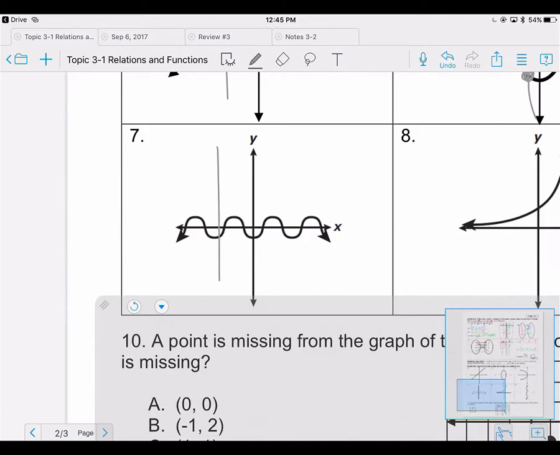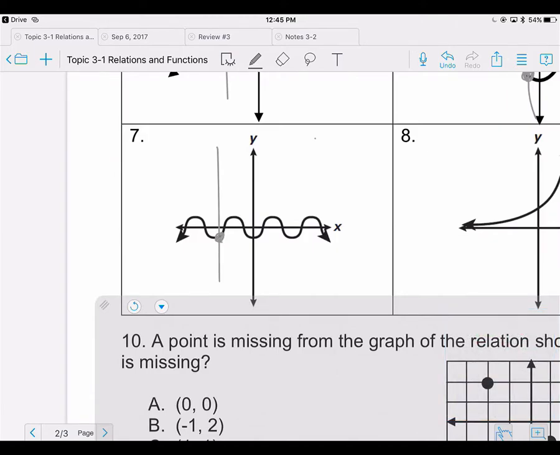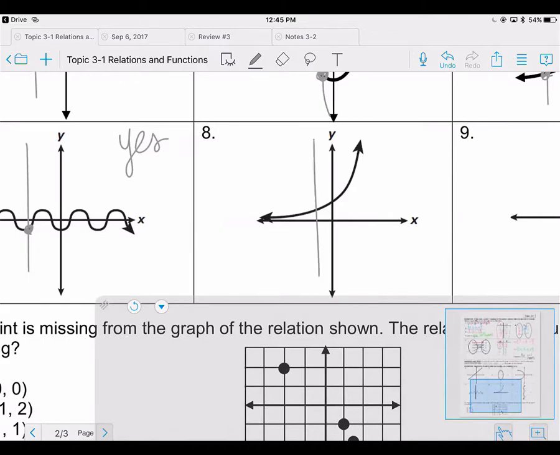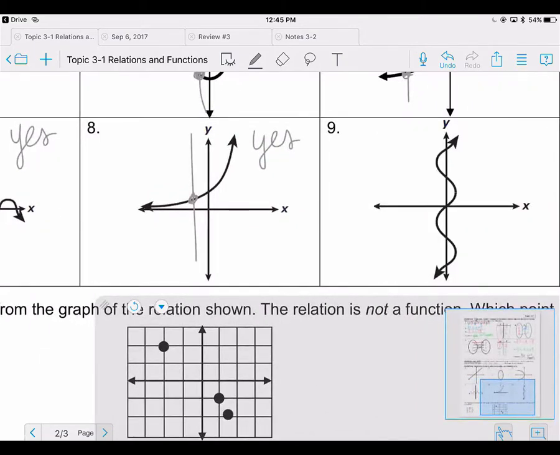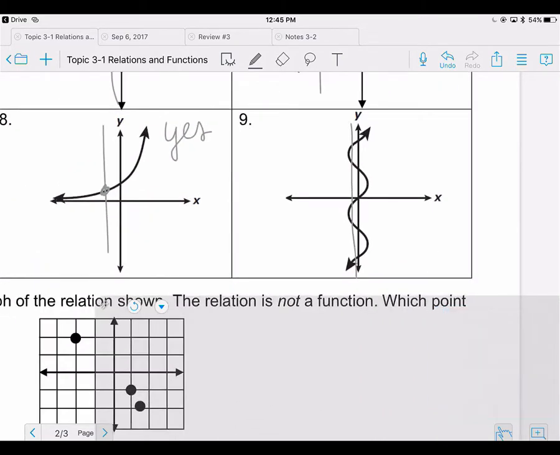On problem 7, my vertical line hits 1 time, so this is a function because it only touches 1 time. Problem 8 touches 1 time, so it is a function. Problem 9 touches 1, 2, 3, 4, 5 times, so it is not a function because 5 is definitely more than 1.